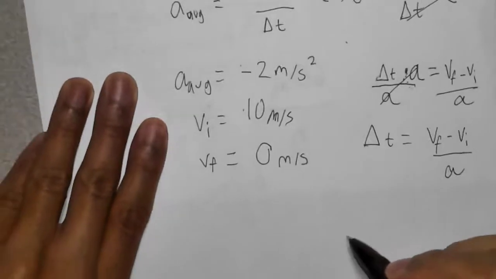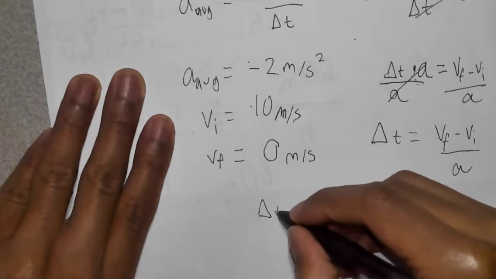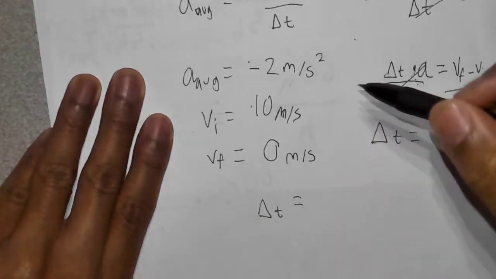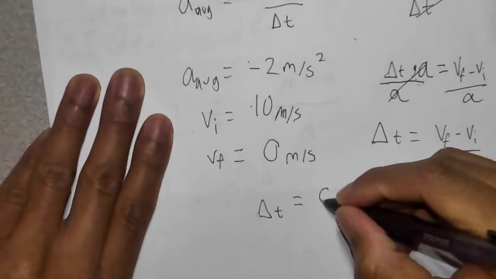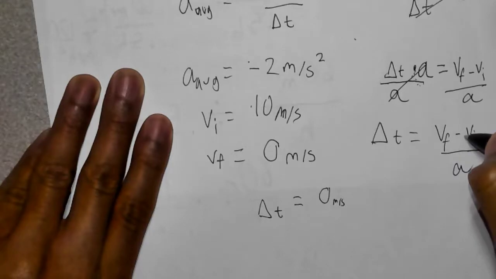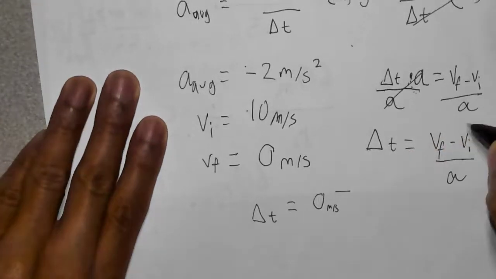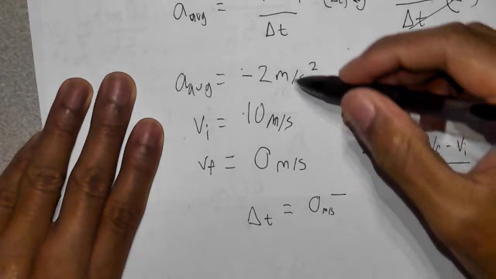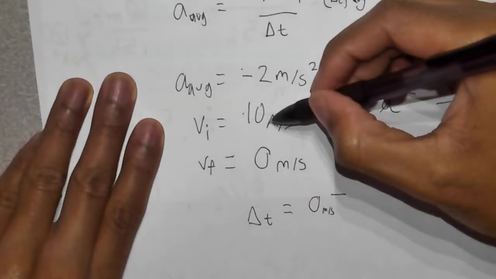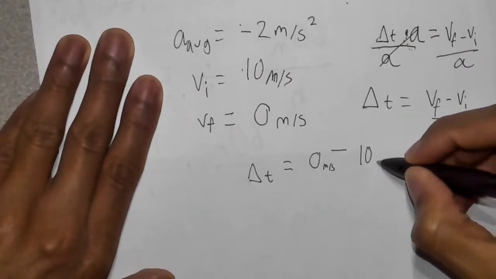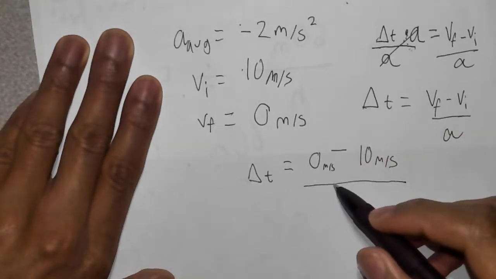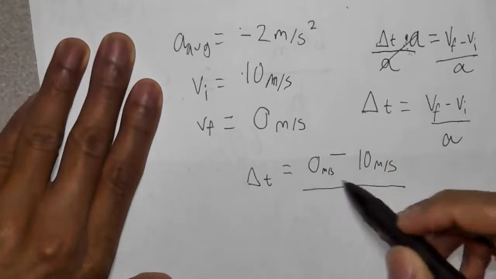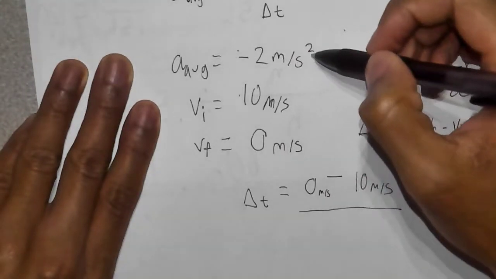So let's plug in numbers. Delta t equals, let's see, final velocity, we said that's 0 meters per second, minus initial velocity, we said was 10 meters a second, divided by acceleration, which we said was -2 meters per second squared.